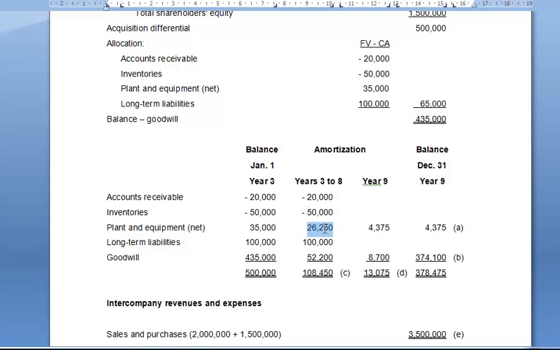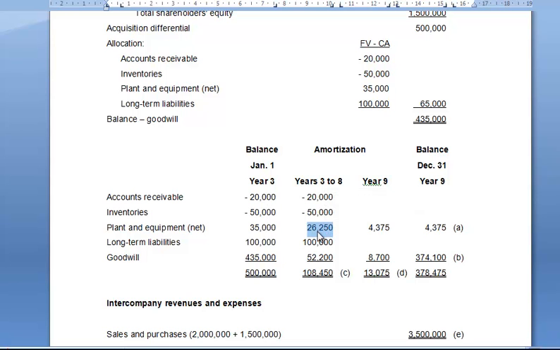Now plant and equipment is different because the plant and equipment is going to be amortized over the remaining useful life of the plant and equipment assets. And according to our question, they tell you that's going to happen for a remaining 8 years from the date of acquisition. So if we took 35,000 and divided it by 8, we get 4,375 per year.